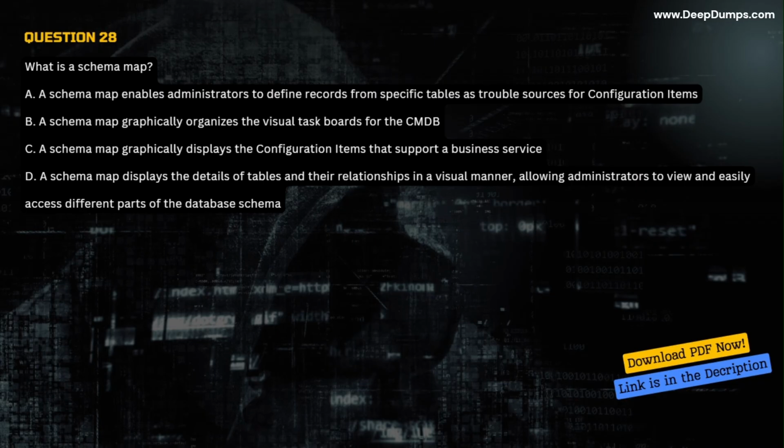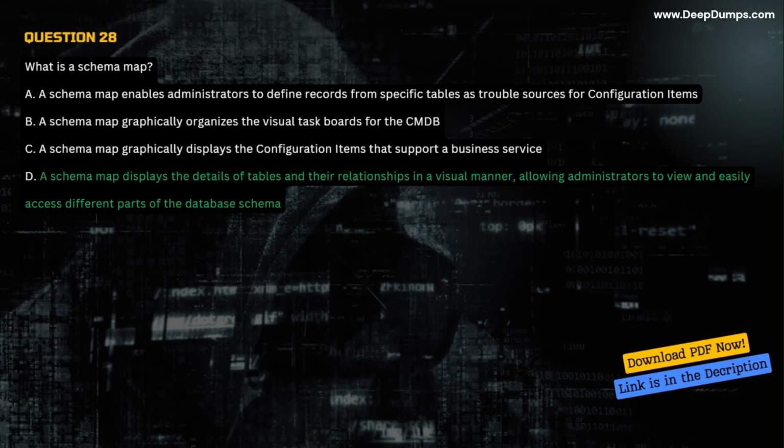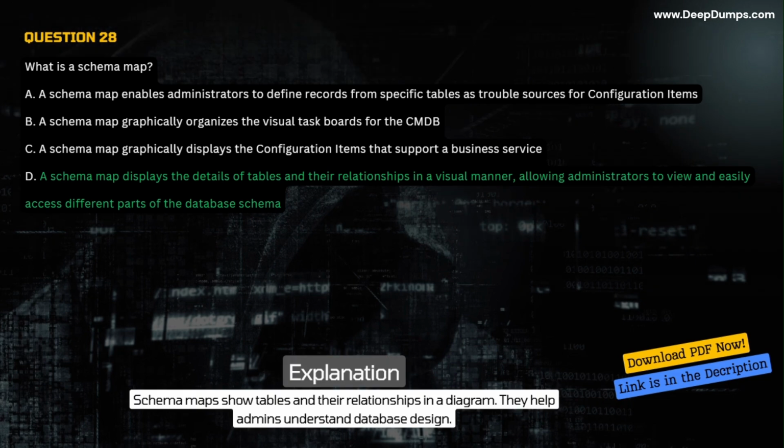D. A schema map displays the details of tables and their relationships in a visual manner, allowing administrators to view and easily access different parts of the database schema. Correct answer D. A schema map displays the details of tables and their relationships in a visual manner, allowing administrators to view and easily access different parts of the database schema. Explanation: schema maps show tables and their relationships in a diagram. They help admins understand database design.